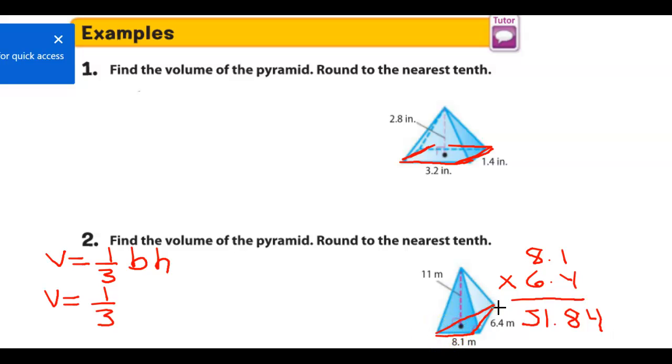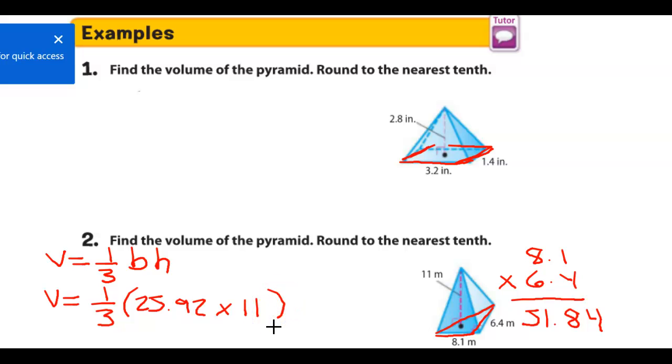So what I need to do is take this 51.84 and divide that by 2, or take half of that. So that's going to give me 25.92. So then the base is 25.92, and then the height is just going to be 11.